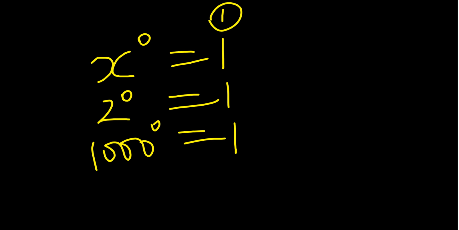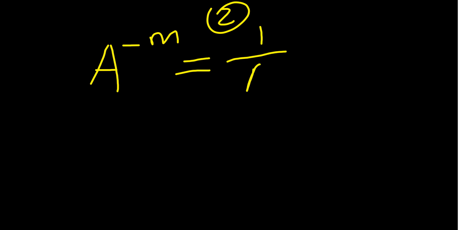Rule number 2 says that if a base number is raised to a power of a negative number, then it will be equal to the inverse of the base variable raised to a positive number. Do not listen to plenty of those long English words that are difficult to understand. The illustration means that if you have a number a raised to power negative m, it means 1 over a raised to power m.